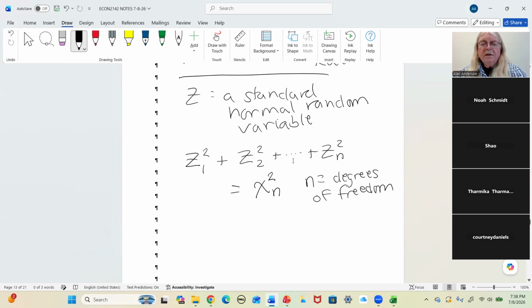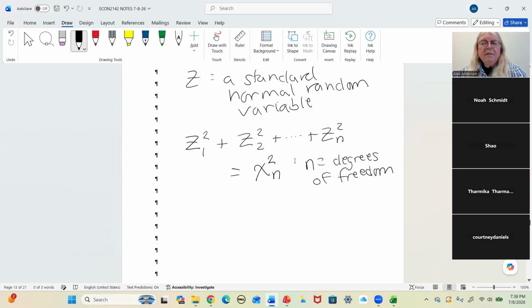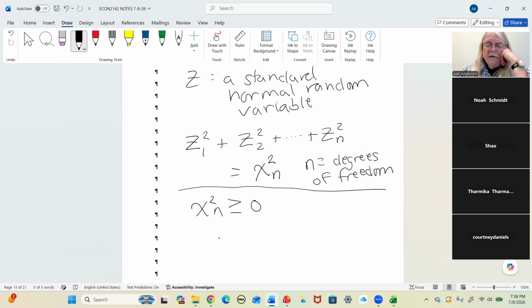Now, based on what you're seeing here, there are some implications of this. One of which is that the chi-square distribution does not allow for negative values. You're summing up squared terms, and therefore the sum can't be negative.